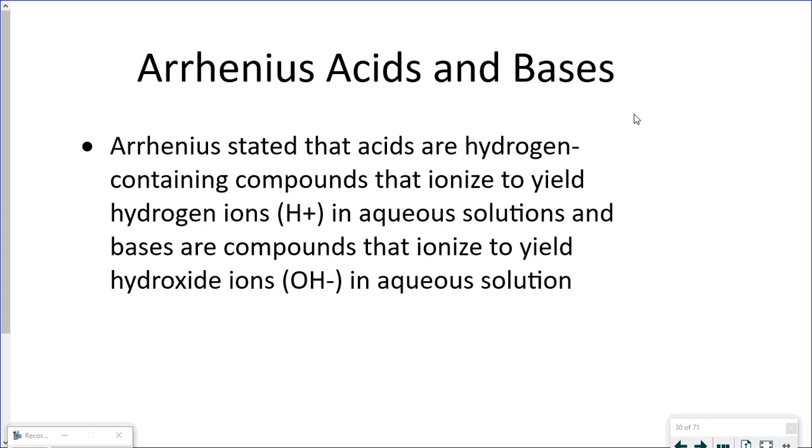Arrhenius stated that acids are hydrogen-containing compounds that ionize to yield hydrogen ions, and bases are compounds that ionize to yield hydroxide. So Arrhenius said that acids produce hydrogens, bases produce hydroxides. This is our normal acid-base definition, so nothing new.